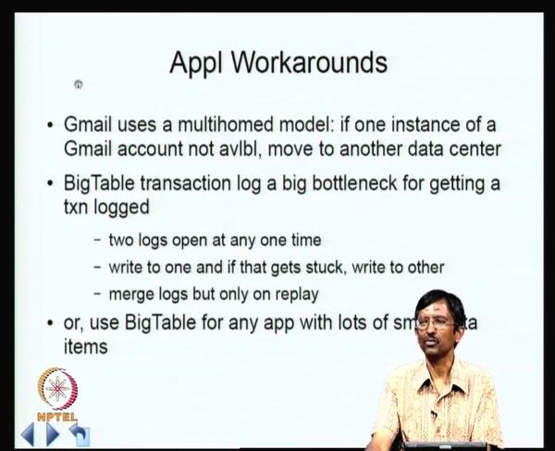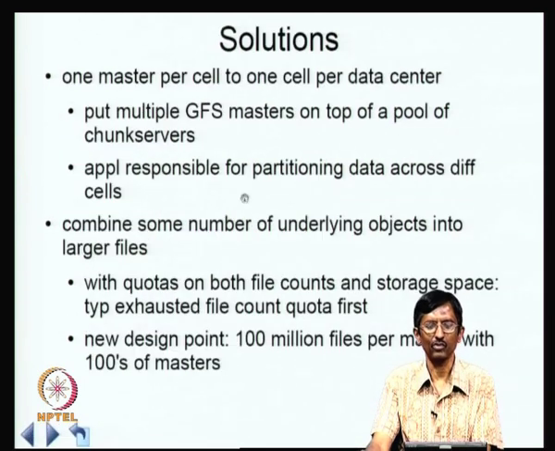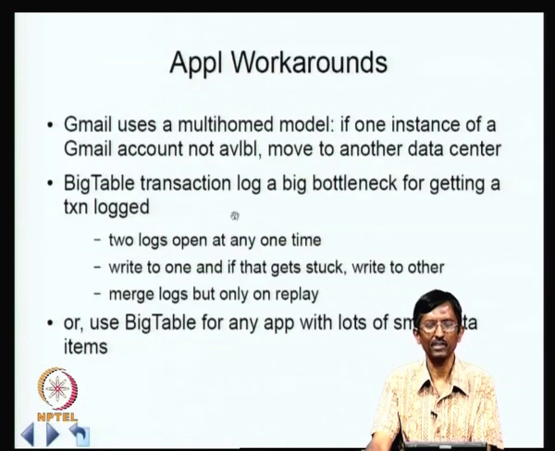There are other issues. The previous solutions were at the systems level. You can also have application-level workarounds. Gmail uses what they call a multi-home model. So there are multiple instances of your Gmail account.